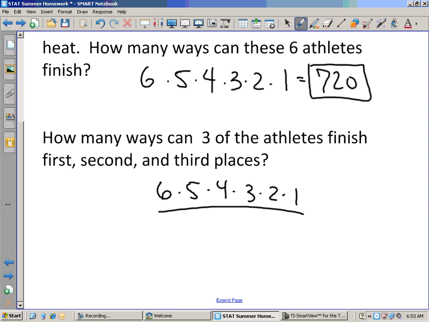And so I need to eliminate those 3 possibilities, which is 3 times 2 times 1. In other words, I'm only looking at the first 3 numbers, because there's 6 ways that the first place could happen, 5 the second, and 4 the third, and that's it. I don't care about 4th, 5th, or 6th place. So it'd be 6 times 5 times 4, which is 120.